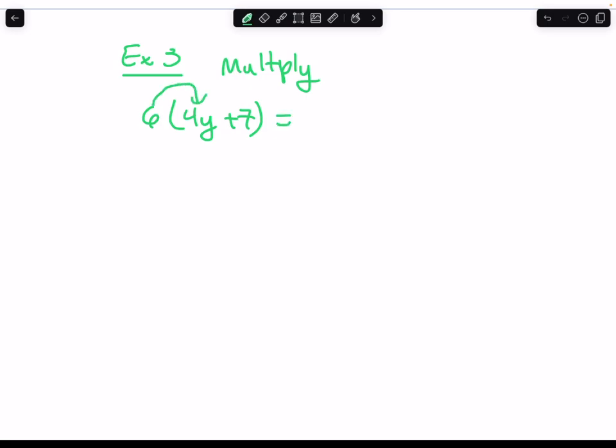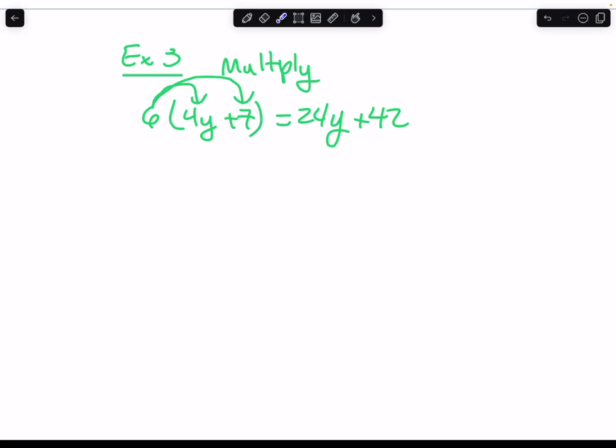We get 6 times 4, which is 24y. And then we do 6 times 7, which is 42. So you take the outside number and distribute it to each part. You multiply the coefficients together and keep the variables, and then you multiply the constant and the 6 together and get 42.